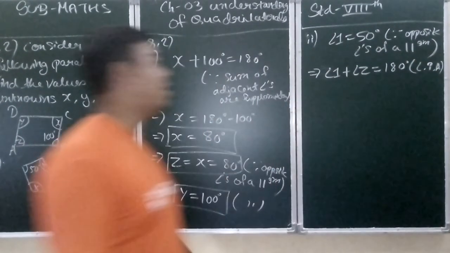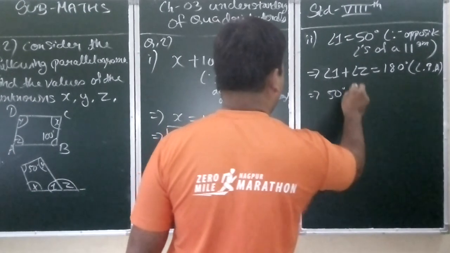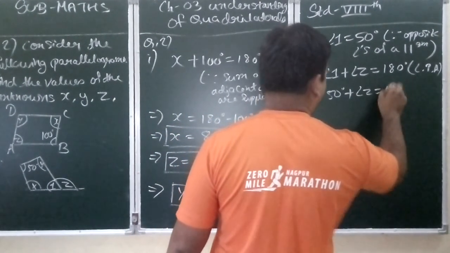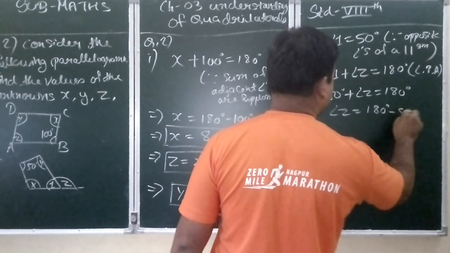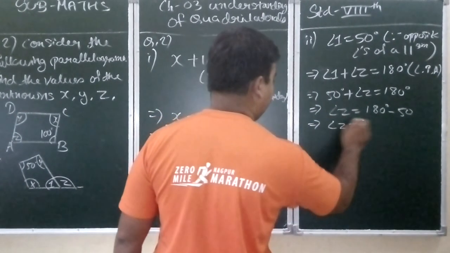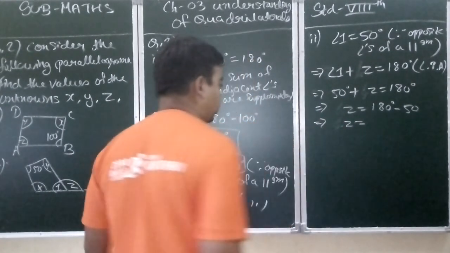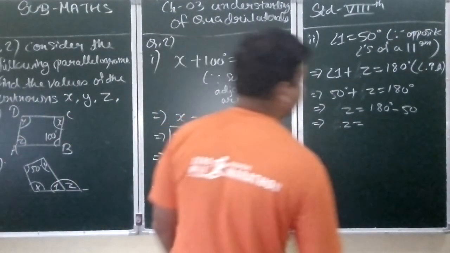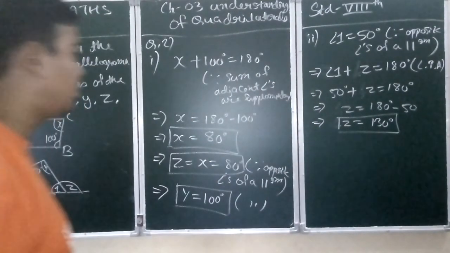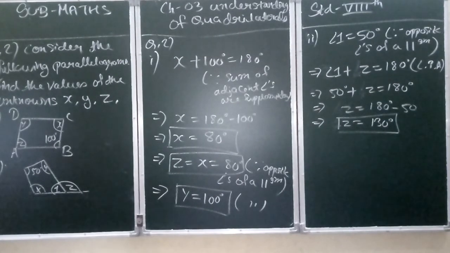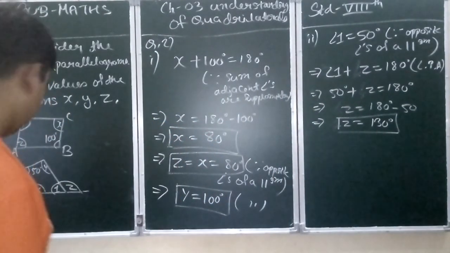Angle 1 is 50 degrees, so z is equal to 180 degrees minus 50, which is 130 degrees. z is equal to 130 degrees. Now find the values of x and y.